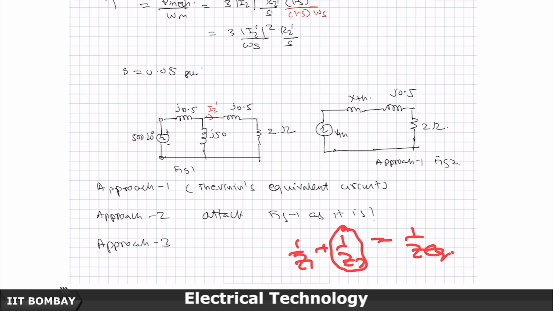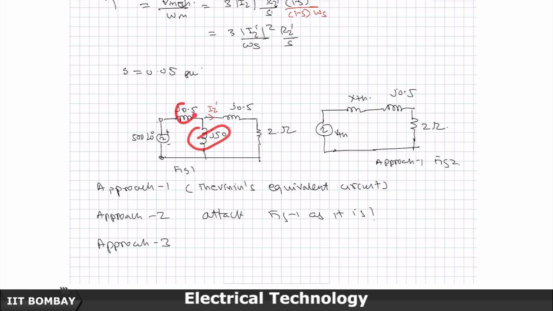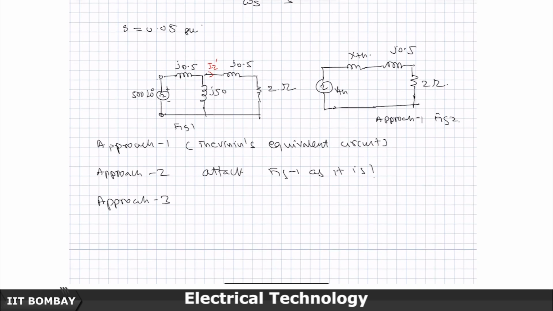Suppose Z2 is much larger than Z1, then 1 by Z2 is much smaller than 1 by Z1. So, approximately it becomes just 1 by Z1, that means Z equivalent will be approximately equal to Z1. So, looking at these numbers, it suggests to me that even an approximate approach should work here.